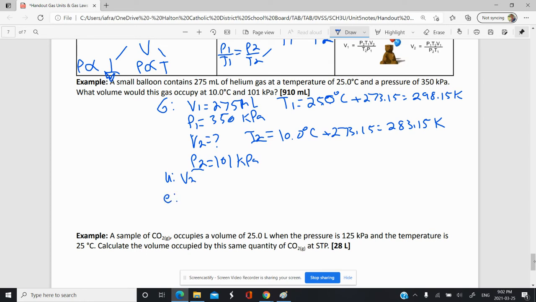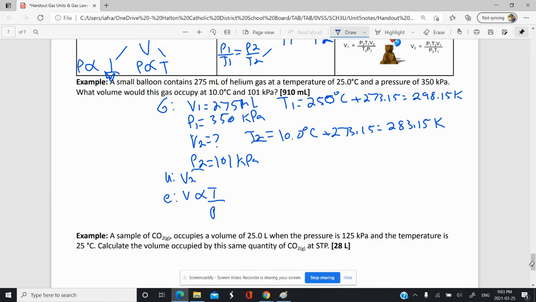And so our equation, this is one where we're changing several things. Our volume is proportional to the temperature over pressure.